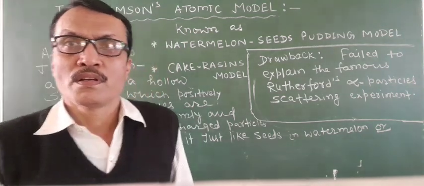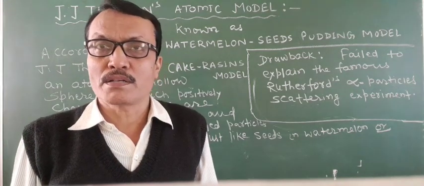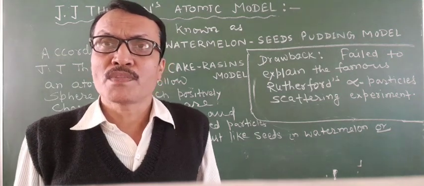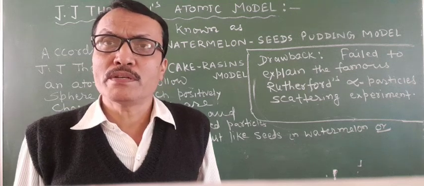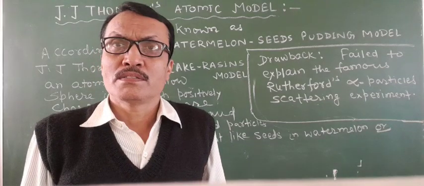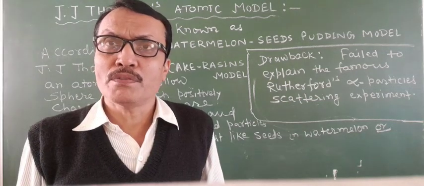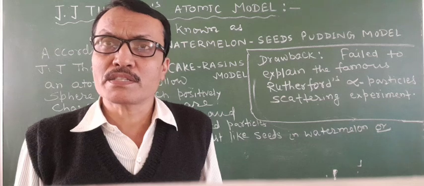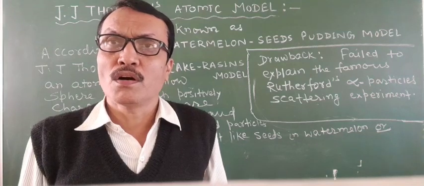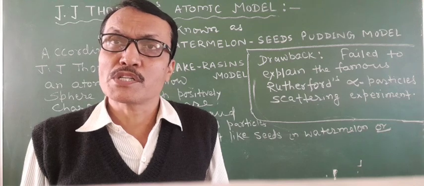Because you might have seen in a watermelon the red edible part. He considered the red edible part as uniformly distributed positively charged particles, and just like black seeds in the red edible part of watermelon are embedded or distributed in a similar way, electrons are embedded or distributed inside the uniform positively charged sphere.